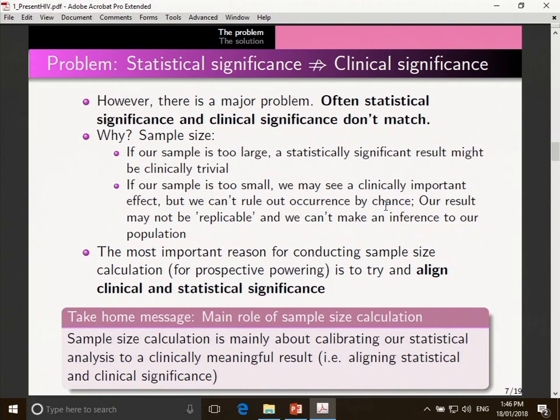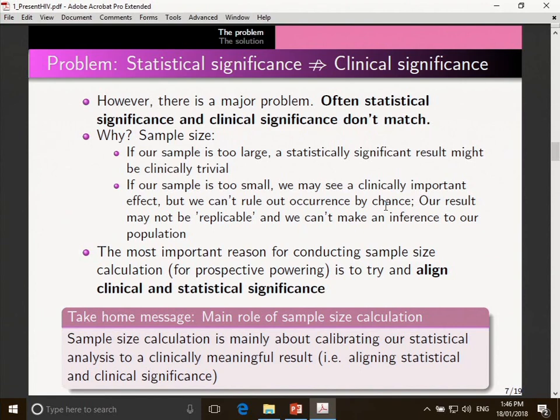Okay, so if sample size isn't about right, statistical significance and clinical importance don't match up very well. So one of the most important reasons for conducting sample size calculations is to try and align statistical significance with clinical importance.